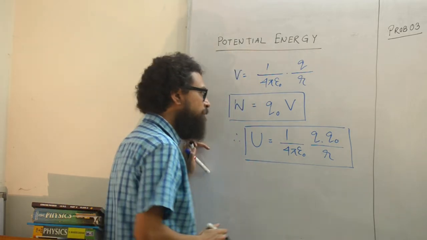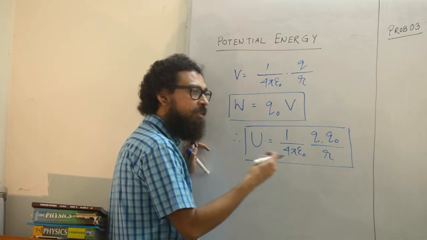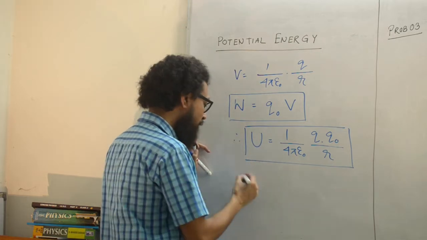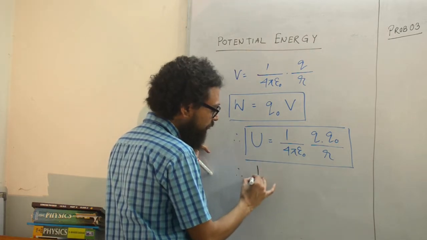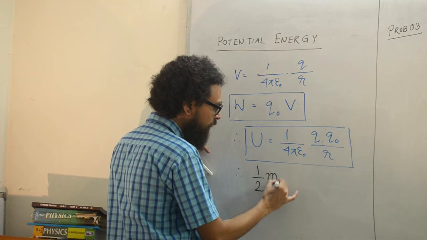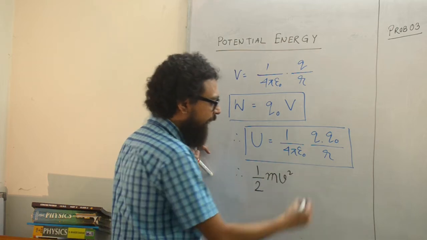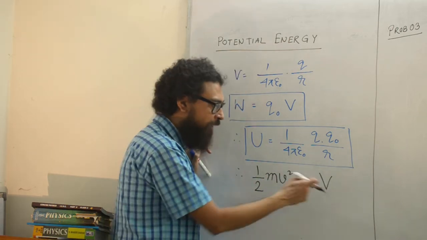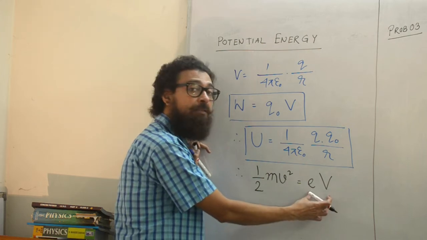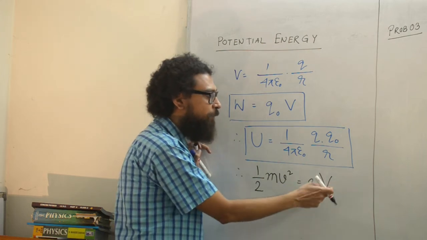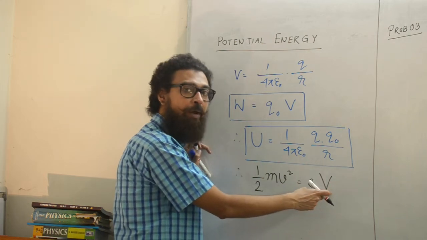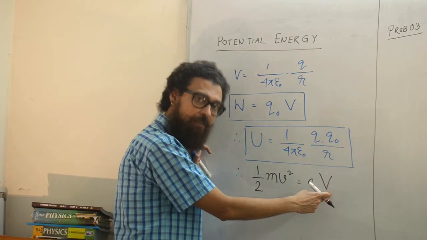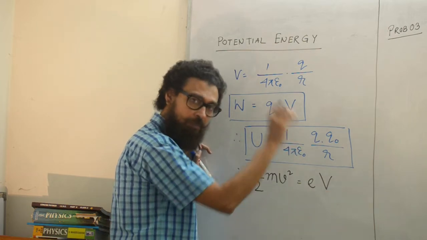When an electron is moving with a certain velocity, say v, what I can say is that the kinetic energy of the electron is half mv square, and that is equal to what? From where is it getting it? It is getting it from this energy, that is the electronic charge into the potential of the field where it is being accelerated, or being moved.